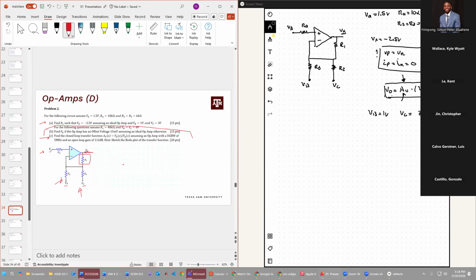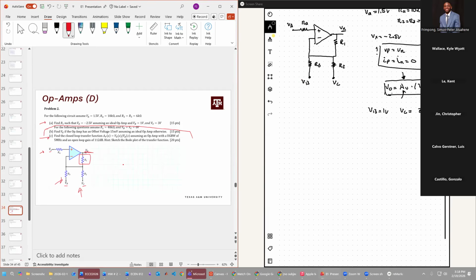Something we can take advantage of to solve these kinds of problems where you have multiple inputs is superposition. All superposition lets us do is deal with each part of our circuit by turning off sources.